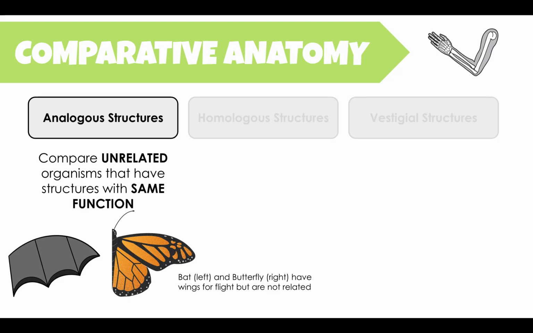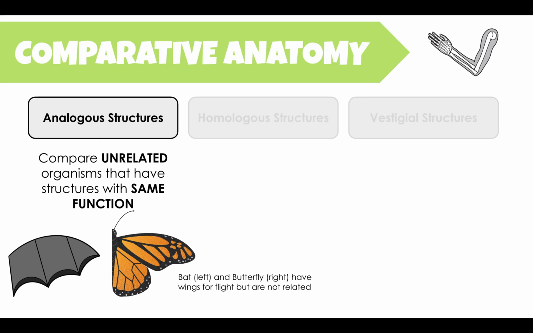So for example, a bat and a butterfly, two very different organisms. Taxonomically, they're very different. So here on the left, we have a bat wing, and on the right, we have a monarch butterfly wing. The structure itself of the wing is different, but both use the wing for flight.